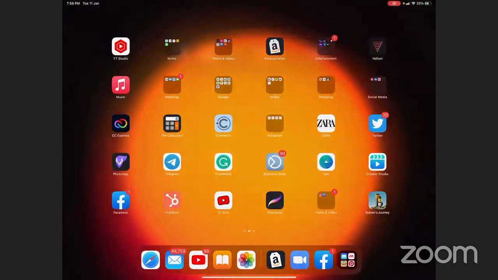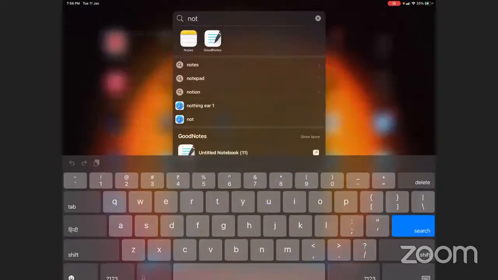So I'm doing the screen sharing. You have to tell me the formula of sine theta in terms of perpendicular, base, and hypotenuse.